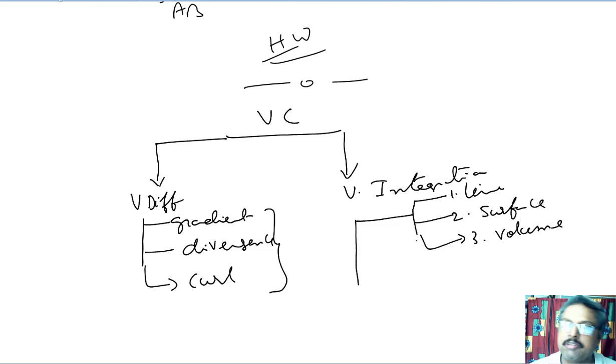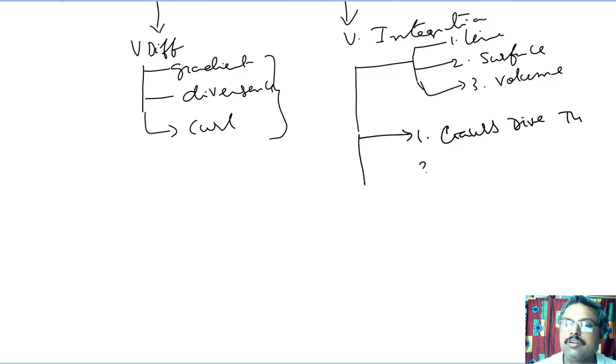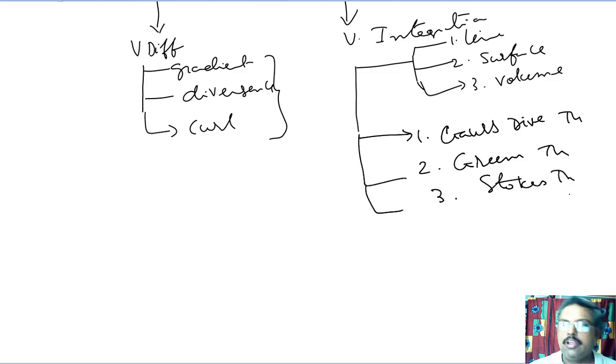Volume integral is integration over some volume, which is in three dimensions. Then we discussed three important theorems: Gauss divergence theorem, Green's theorem, and Stokes theorem.